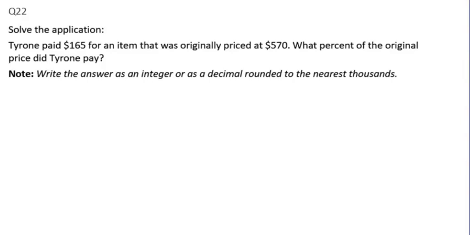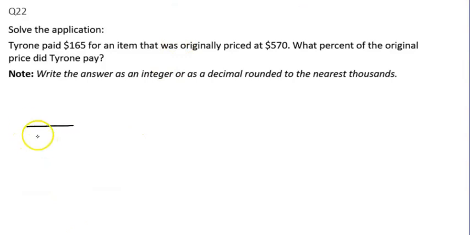What is the percent of the original price? So this then is what? A multiplication or division problem? This is a division problem. So what is the whole amount? 570. This will be your denominator, the whole part.